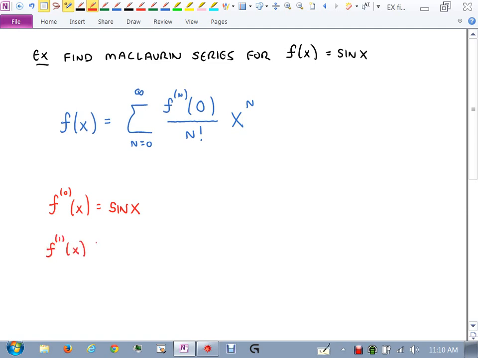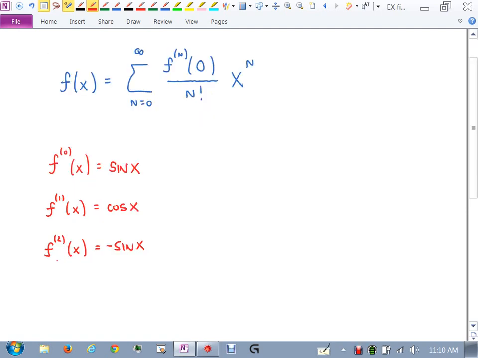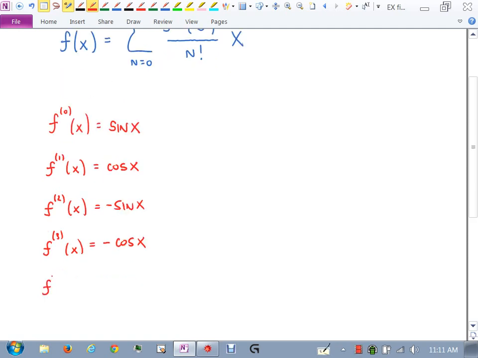Cosine x. Second derivative, negative sine x. Third derivative, negative cosine x. Fourth derivative, sine x. So we're back where we started, aren't we?